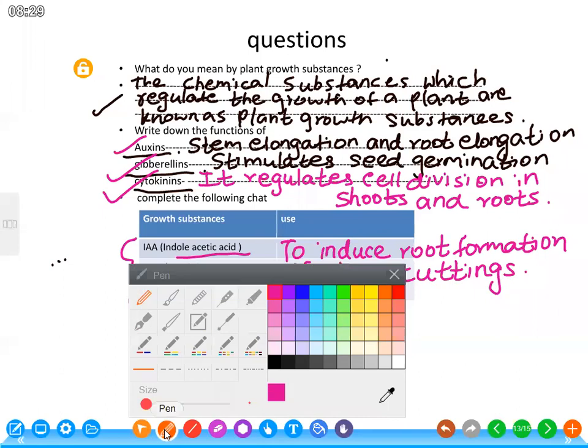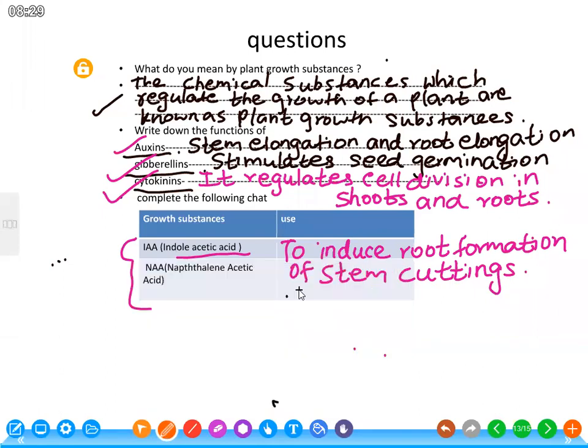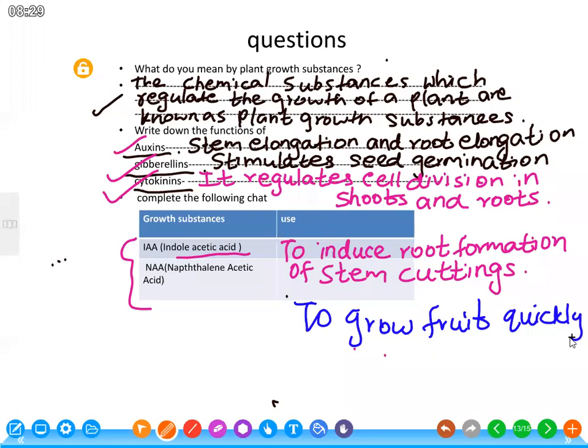Okay. And also helps to grow fruit quickly. Okay.